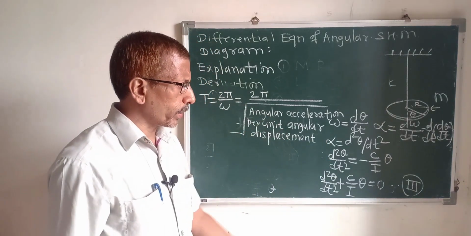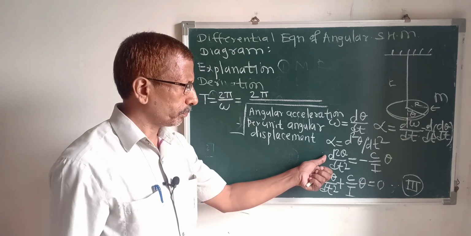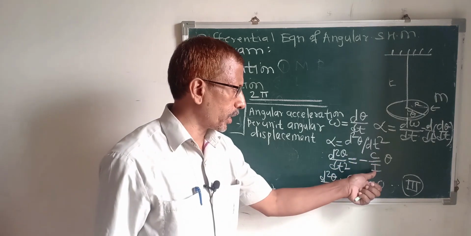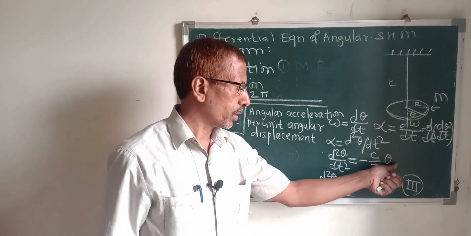So what is the value of angular acceleration in magnitude? d2 theta upon dt square is equal to c divided by I into theta.